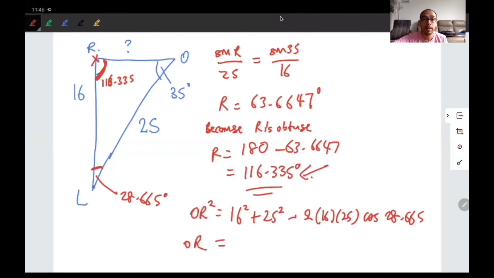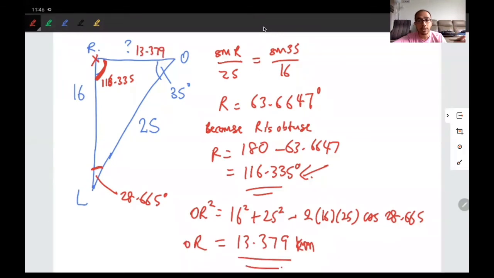So I'm going to skip all this. Actually, you can also use sine if you want, but I'll get about 13.379 kilometers, this entire thing altogether.